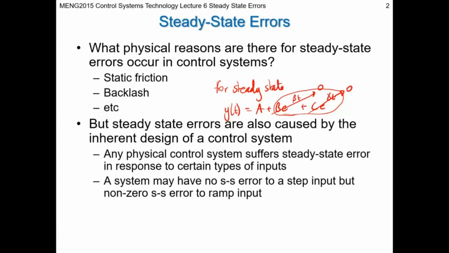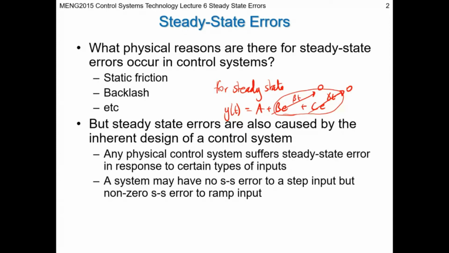But steady state errors are also caused by a control system. So you could have steady state errors that result from the design of the control system. And any physical control system suffers steady state in response to certain types of inputs.